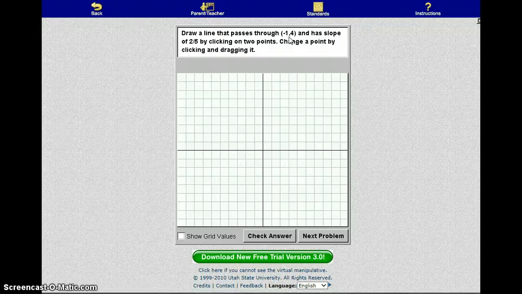And we know that 2 points determine a line. It says change a point by clicking and dragging it. I'm not sure what that means, but anyway, let's practice and see what happens.